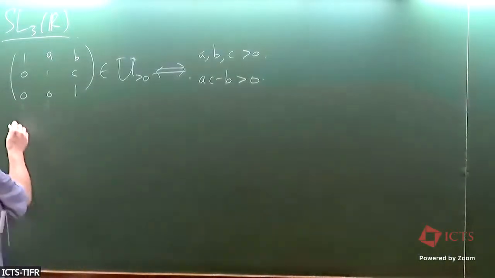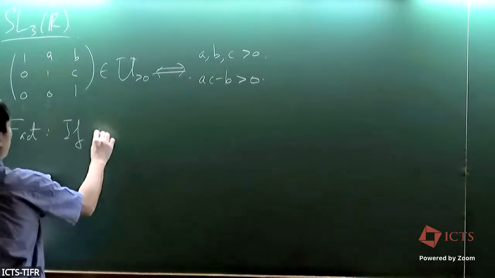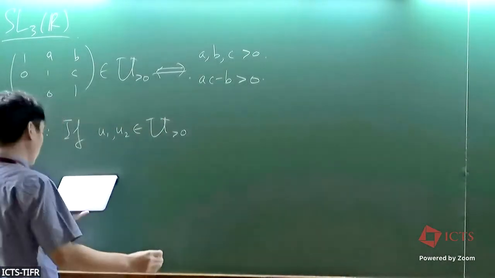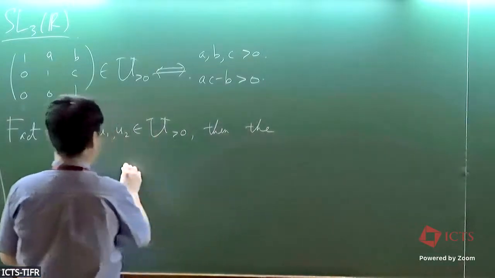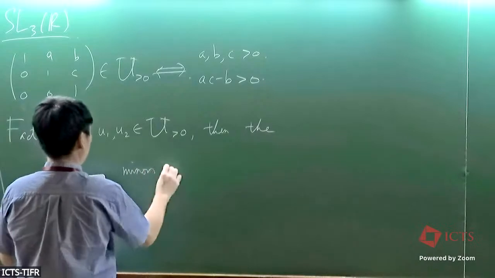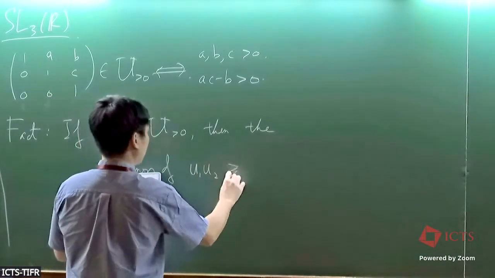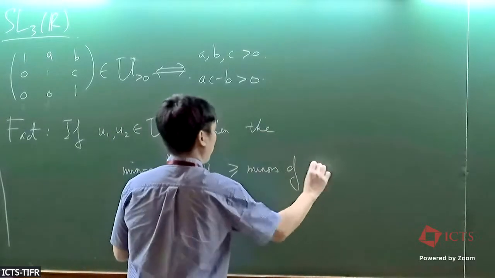But an important fact about this U greater than 0 is that it's actually a semigroup. Fact: if U1 and U2 are in U greater than 0, then each minor of the product U1U2 is at least the corresponding minor of U1. What do I mean by this?